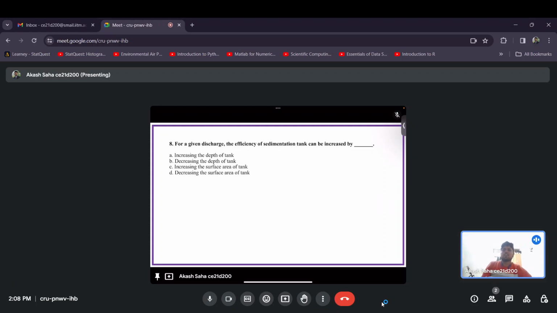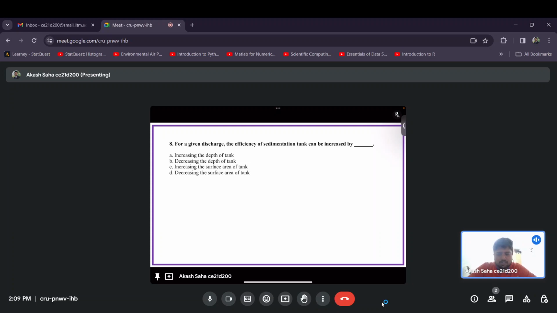Now it says, for a given discharge, the efficiency of the sedimentation tank can be increased by. So the discharge is constant. Now, if we want to increase the efficiency of the sedimentation tank, how can it be done? Four options are given: increase the depth of the tank, decrease the depth of the tank, increase the surface area of the tank, decrease the surface area of the tank.